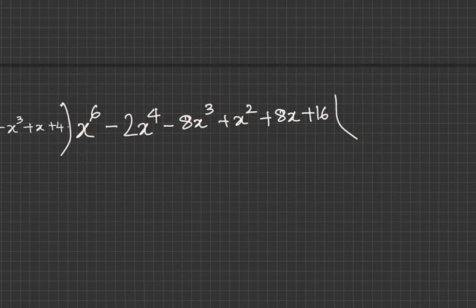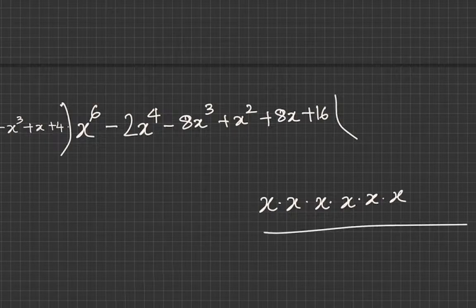So I have x to the power 6, that is x times x times x times x times x times x, 1, 2, 3, 4, 5, 6, divided by negative x times x times x. So these three x's cancel out, right? So I'm left with x to the power 3, correct?